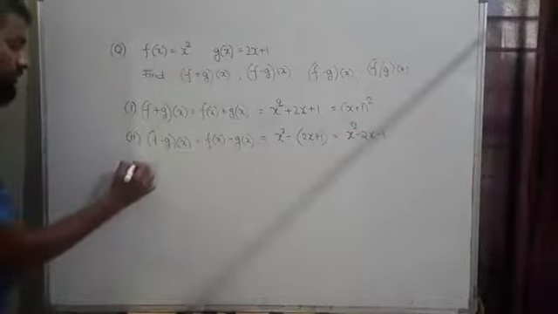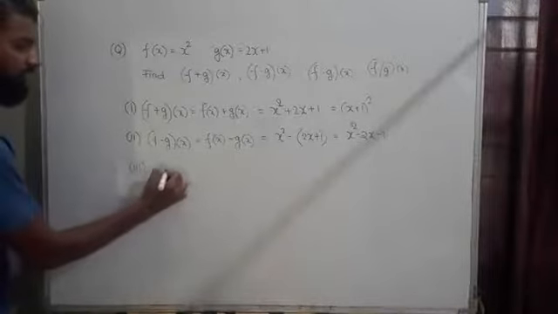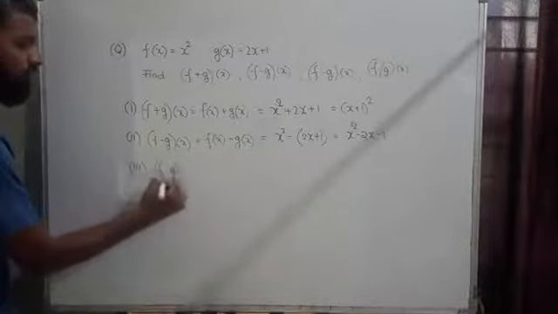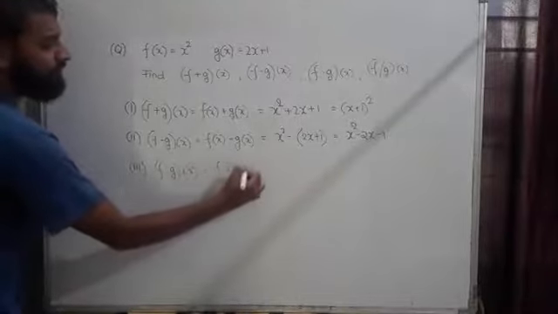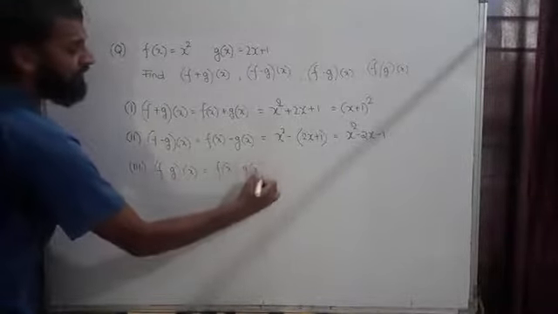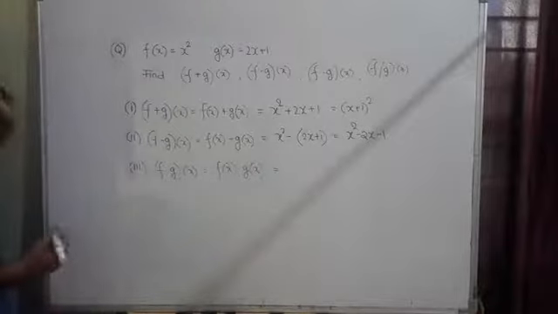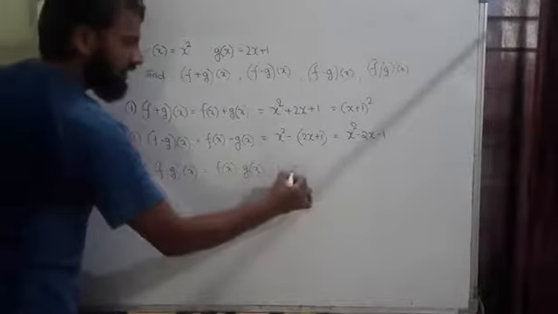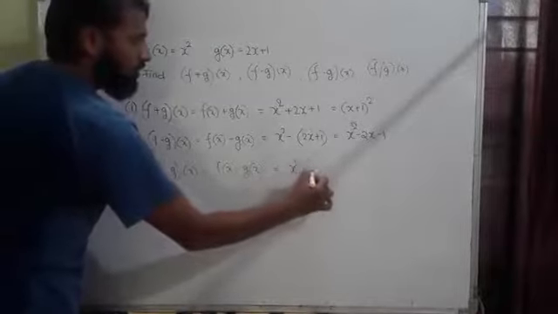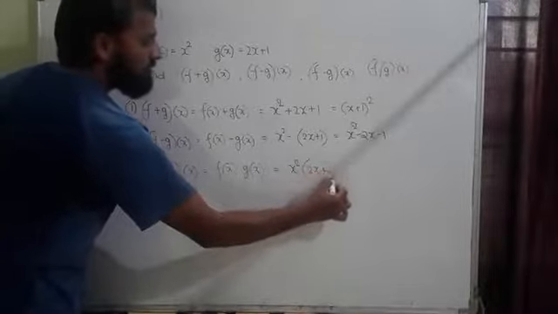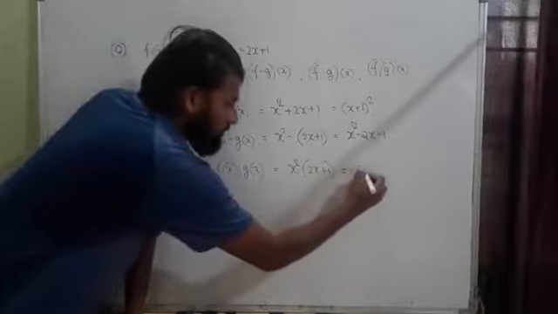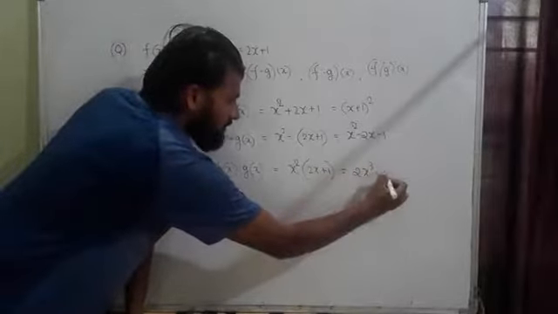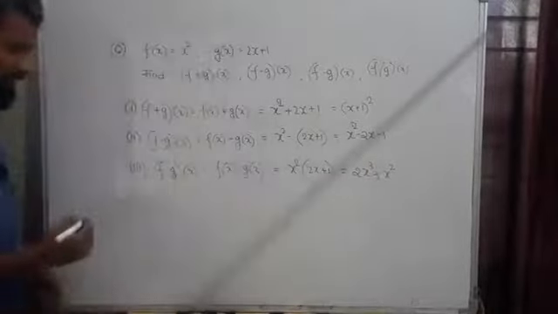So similarly, third one, (f into g)(x) is equal to f(x) into g(x), which is equal to, we need to multiply the functions, x square into (2x plus 1), and if I multiply, 2x cube plus x square will be the answer.